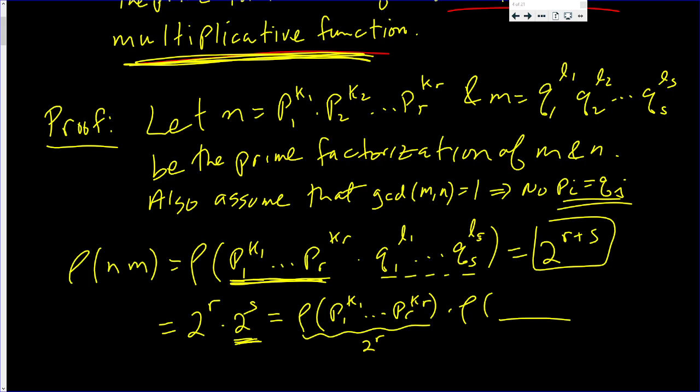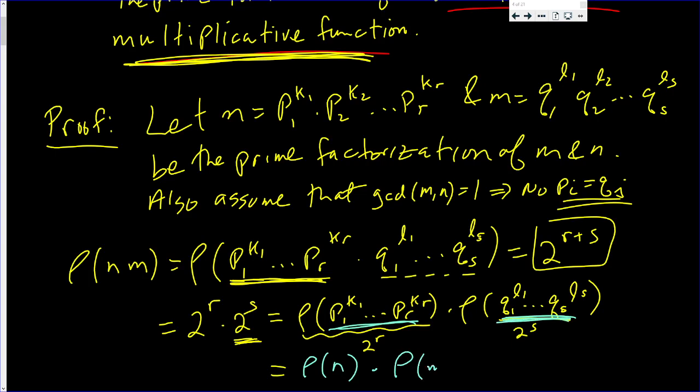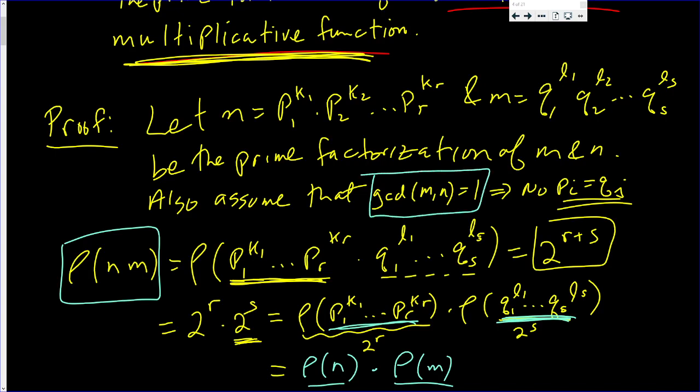Well, q sub 1 to the l sub 1 up to q sub s to the l sub s would suffice. Now, the reason I use these r primes is because what I just underlined is n. The reason I use those s distinct primes was because that product is m. So I did verify that rho of nm is equal to rho of n times rho of m, given that m and n, the GCD is 1. And that completes the proof.